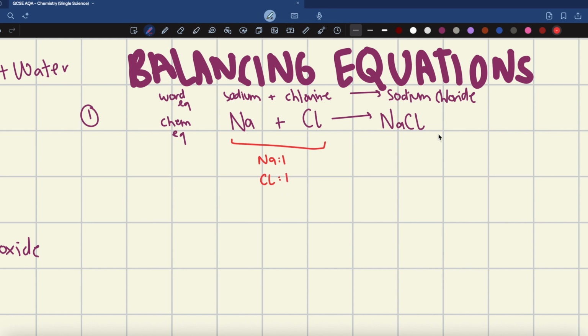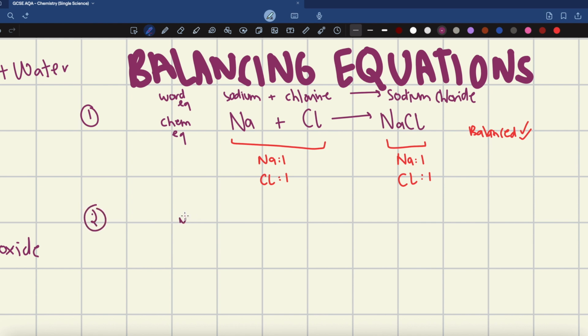There's one sodium. How many chlorines? There's one chlorine. And on the product side there's also one sodium and just one chlorine. So this equation is fully balanced, and I've got no problem with this. This is the final version of this equation. I cannot balance it any further.